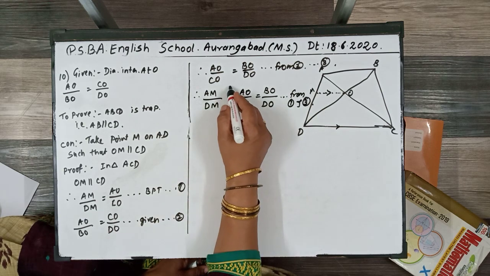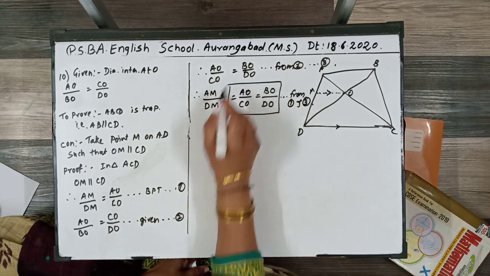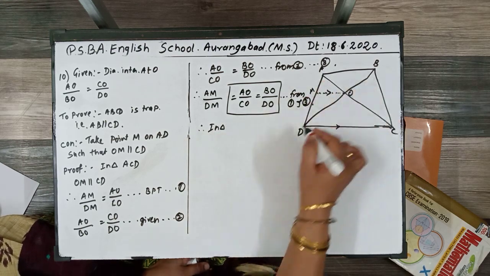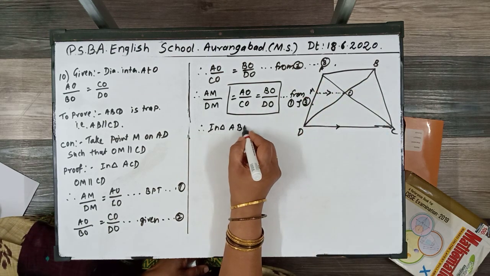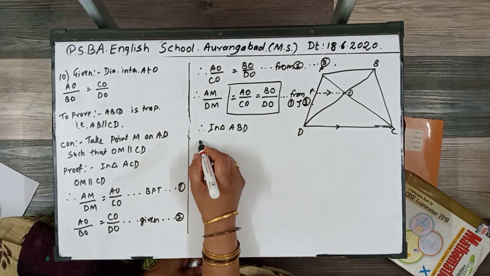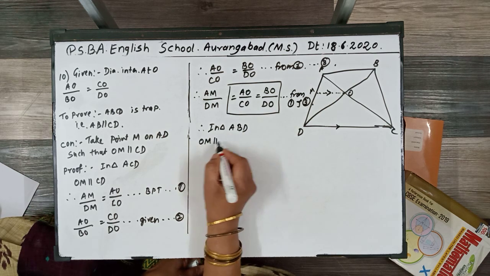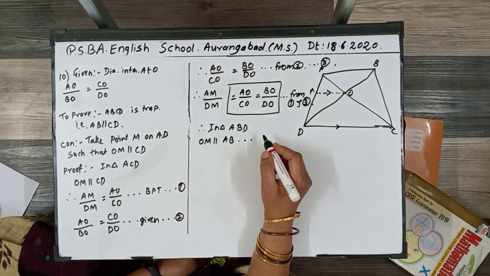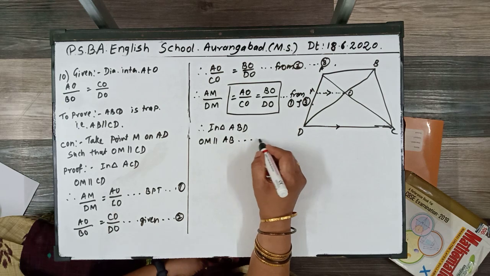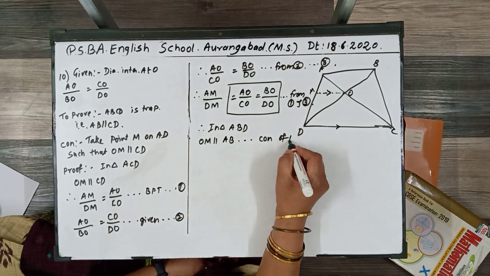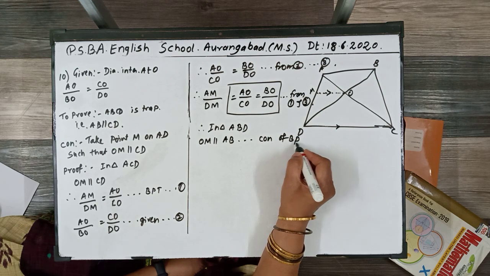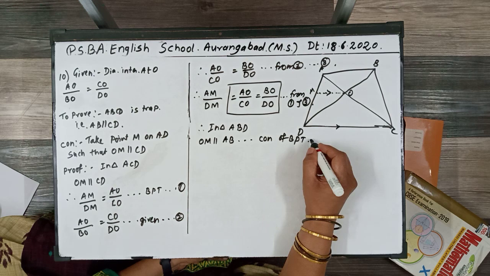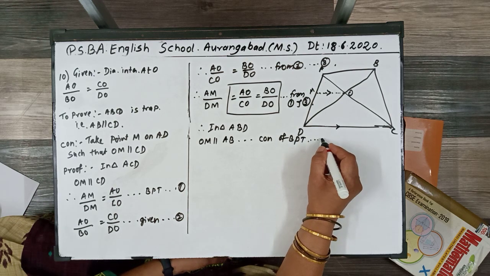Correct? Now we are going to consider only this. Therefore, in triangle ABD, OM is parallel to AB. The reason will be converse of BPT. So if the ratio is equal, lines will be parallel, that is converse of BPT. This will be statement number 4.